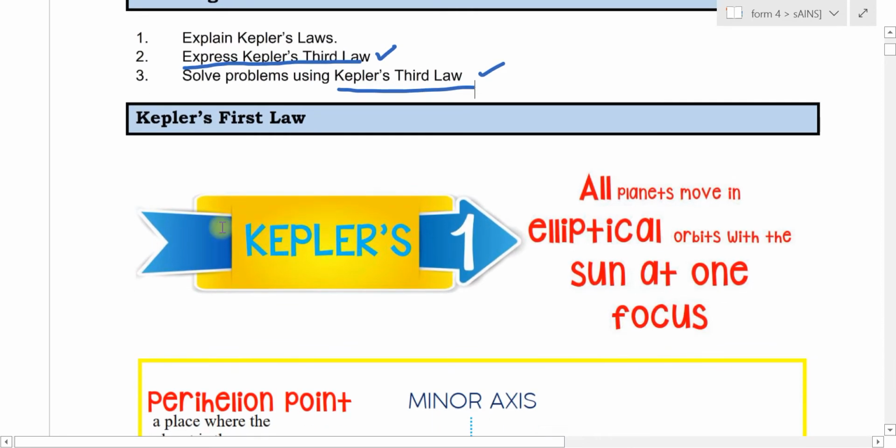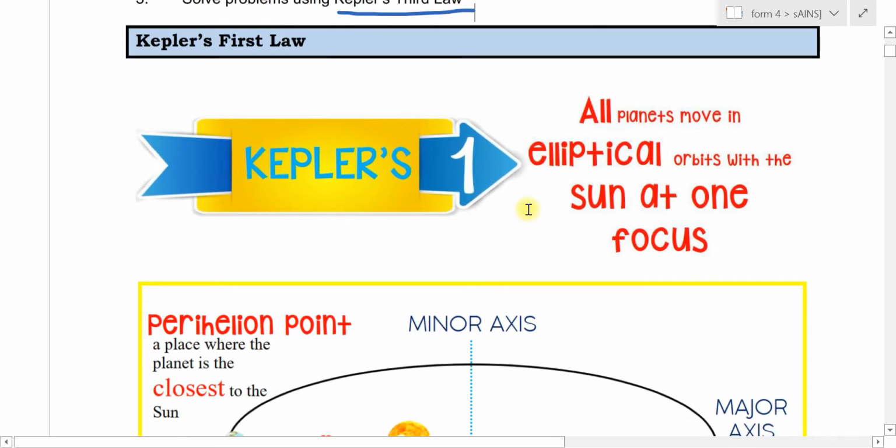Okay, let's see Kepler's first law. What does Kepler's first law tell us? All planets move in elliptical orbit with the sun at one focus. Apa tu elliptical?